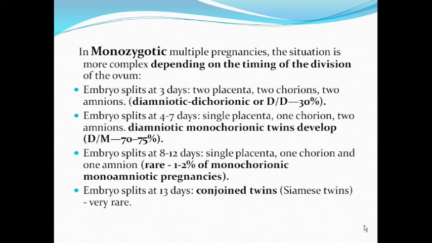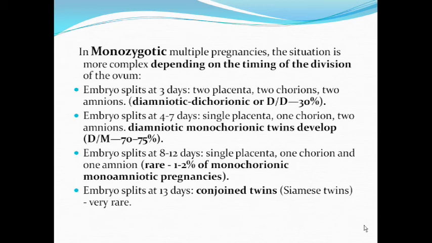It can be dichorionic diamniotic, monochorionic diamniotic, monochorionic monoamniotic, or conjoined. When the embryo splits at the third day, just before the morula stage, there will be development of two placentas, two chorions and two amnions, and it is seen in 30% of these monozygotic pregnancies.